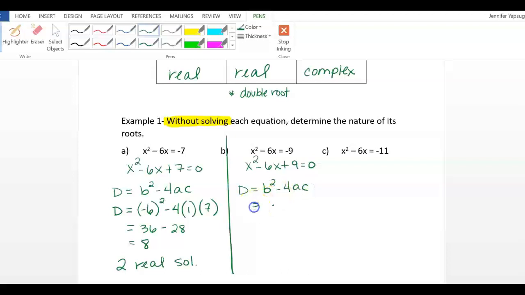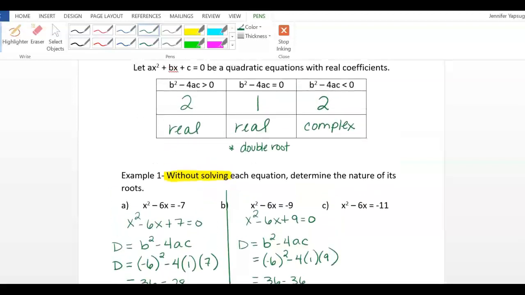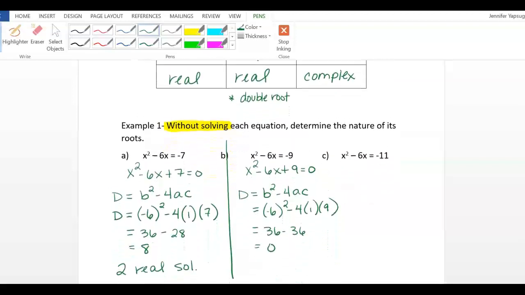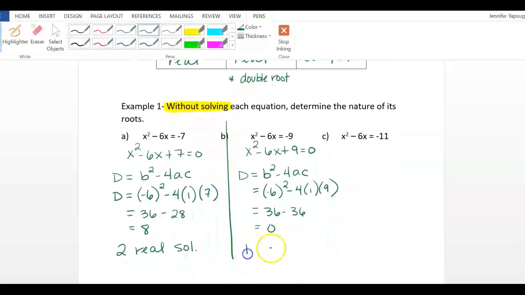Plugging in my values, that gives me negative 6 squared minus 4 times 1 times 9. I evaluate that, so I get 36 minus 36, and I get an answer of 0. If I go back up to my chart, it's equal to 0, so that means I'm only going to have one real solution. That also means I have a double root, so you could also write dr for double root.